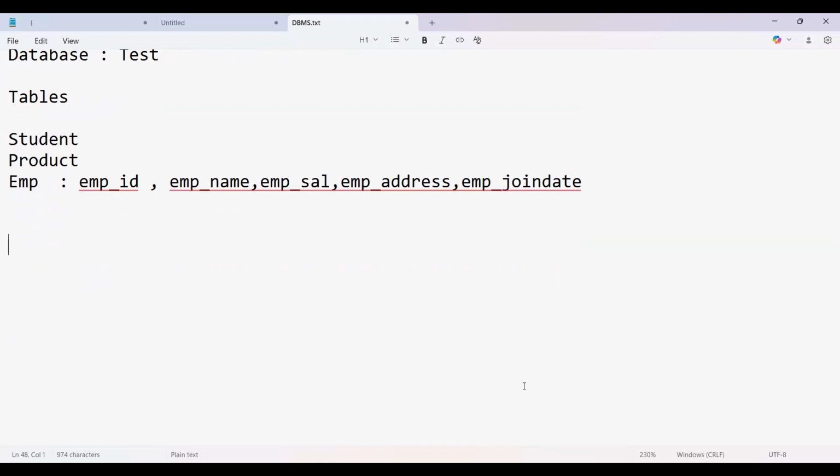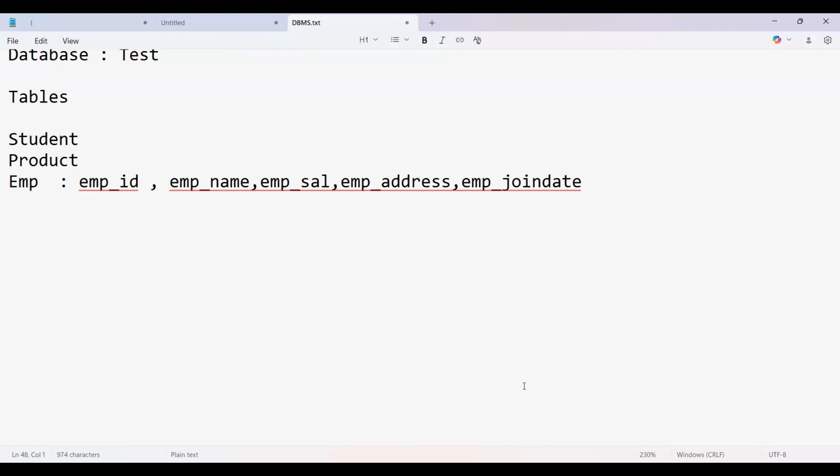If you want to get the employee data inside the employee table, you have to learn SQL.